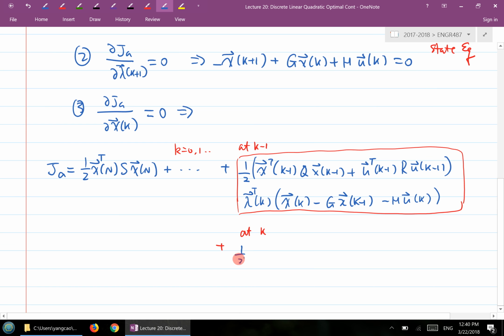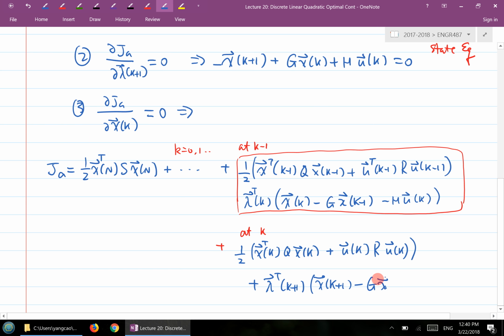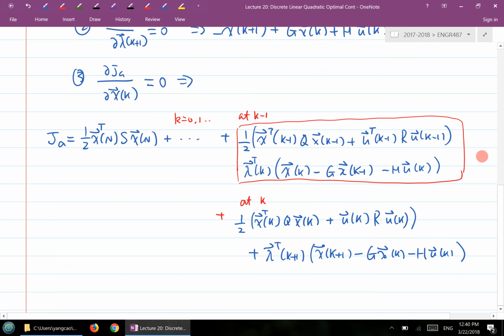So you get 1/2 x of k transpose Q x of k plus u k R u k, minus 1 plus u of k, and then plus, finish the bracket here, lambda transpose k plus 1, x k plus 1. Okay, right? So that's your k steps right here.